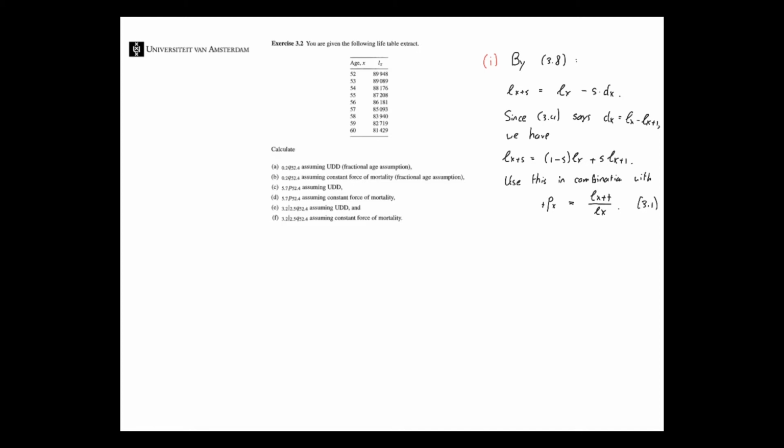Now, assuming a constant force of mortality, we get the following, which is the second point we need. The most important thing that we will need is that suppose you are a life aged x plus t, and you want to live s more years, well then this equals px to the power of s.